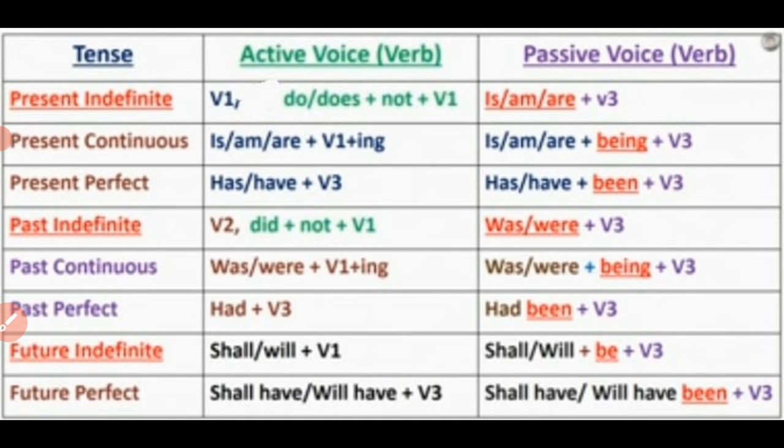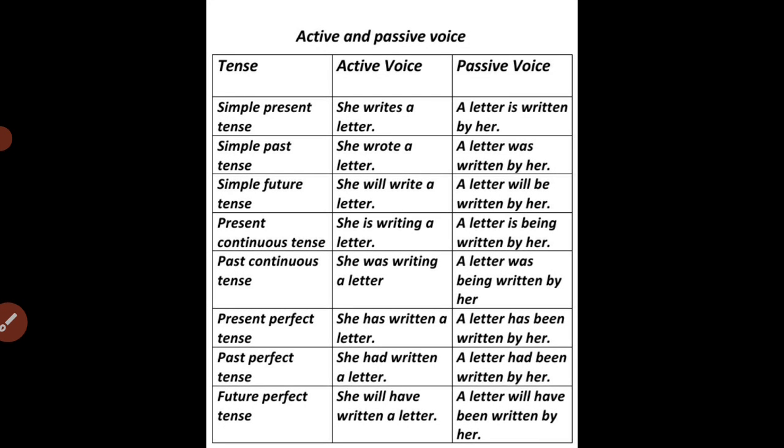Now let us see how we are going to change from active to passive voice according to the tense. For example, present indefinite or simple present tense. Let us see this along with the example. She writes a letter. So we have changed this.